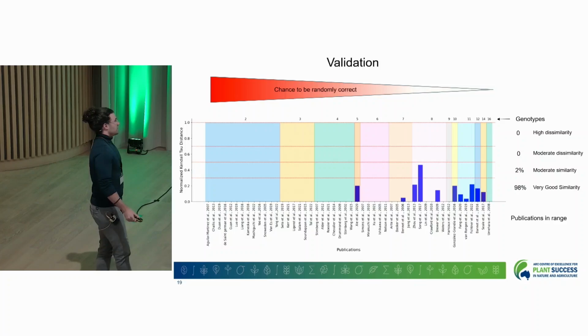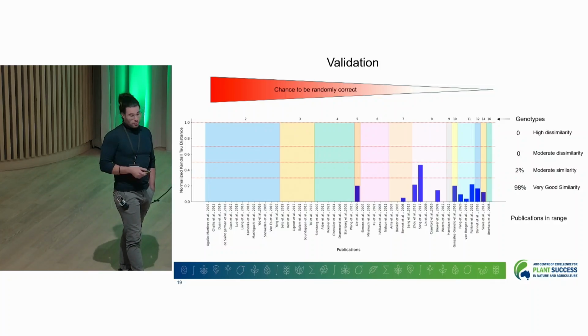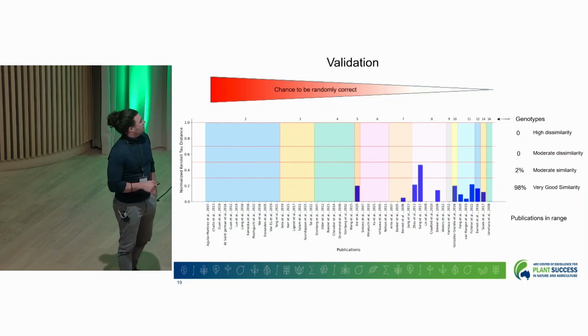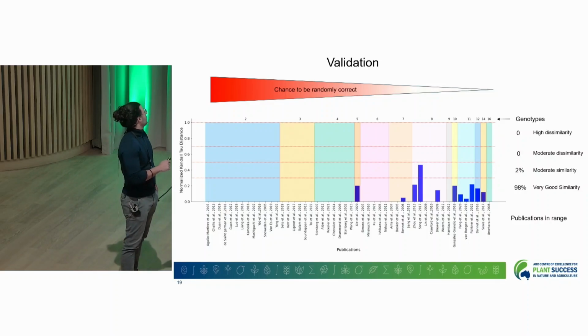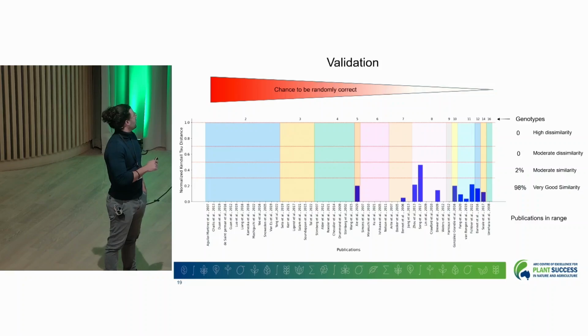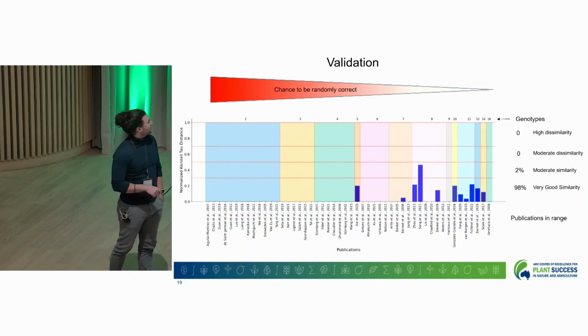And we did that for the 51 papers that I talked about before. Here in this graph, on the x-axis, there are the 51 papers, and on the y-axis, the normalized Kendall-Tau distance. 0 means that they're exactly the same in simulated and biological ranking order, and 1 means they are totally different.